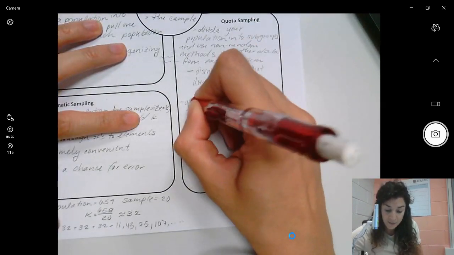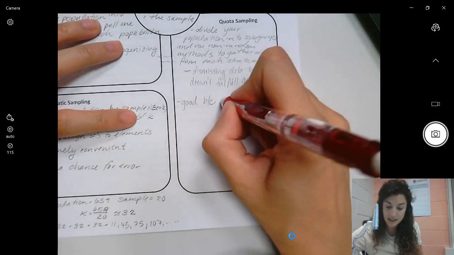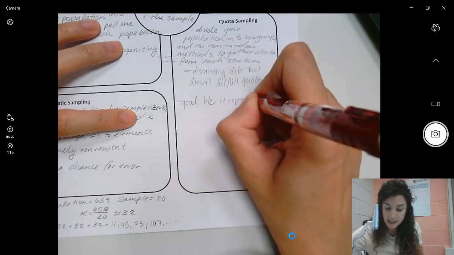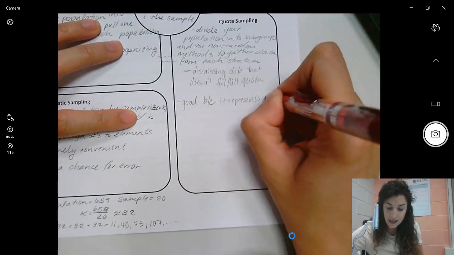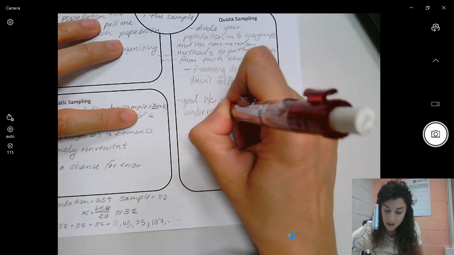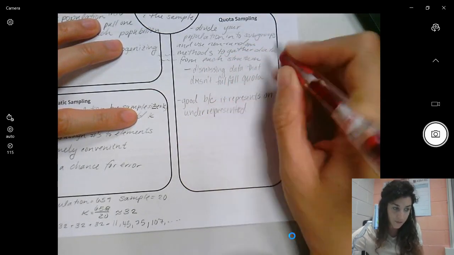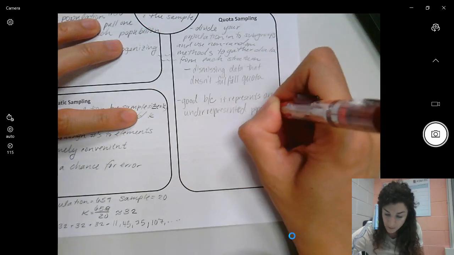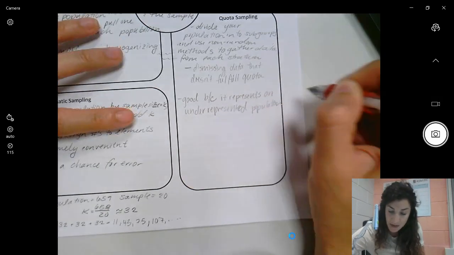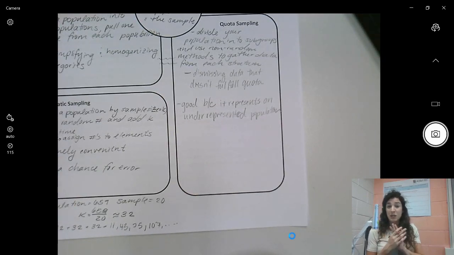It's good because it represents a potentially underrepresented population. Maybe the 6th graders aren't really heard all that much because they're shy and they're timid and they're really sweet, but they don't talk at all.